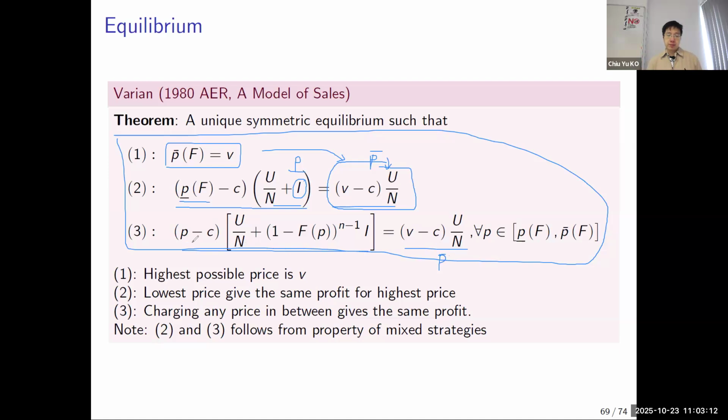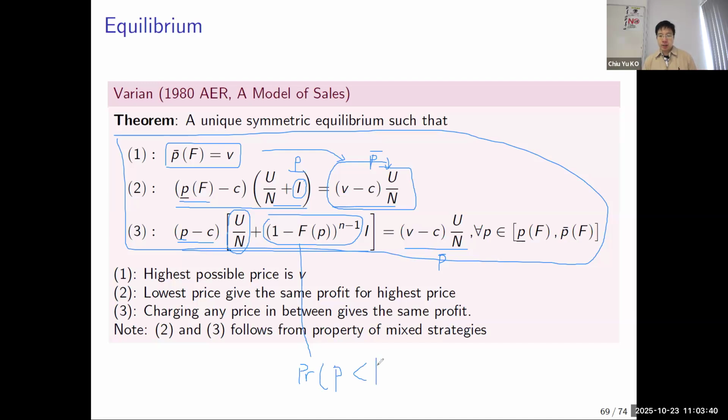Why? Because at any price P, you will have your own die-hard customers, but you also have a chance to be one of the lowest. It depends on all other people's charges, because you're randomizing over others. So this is the probability that your price is less than other people's.